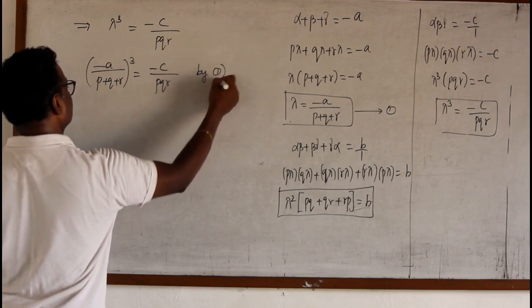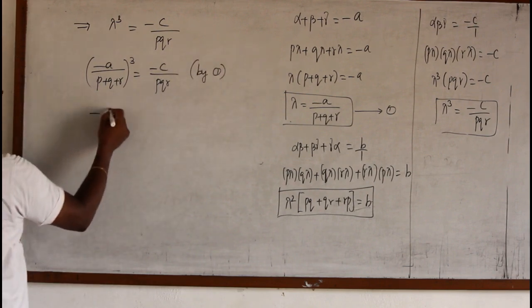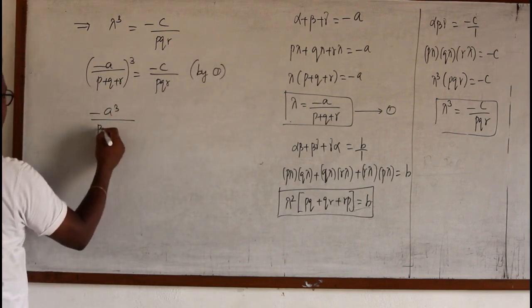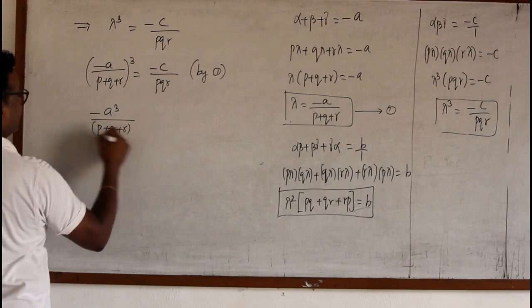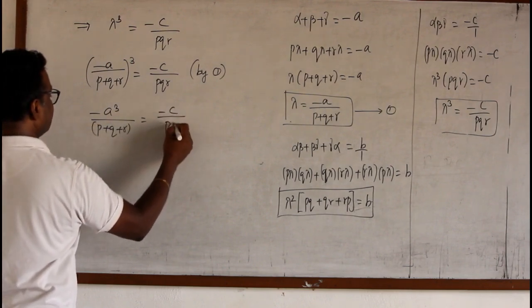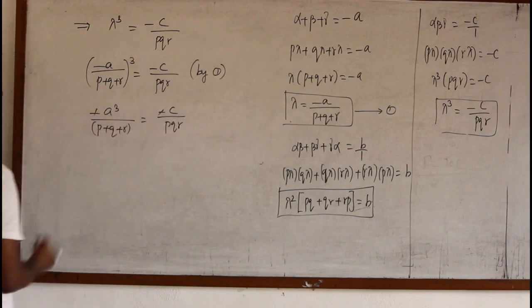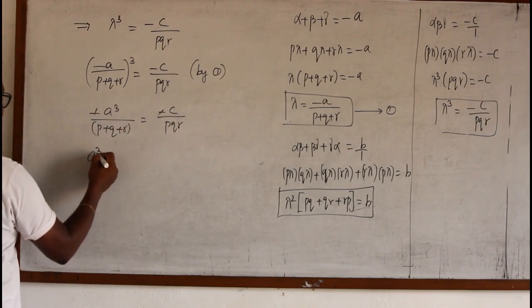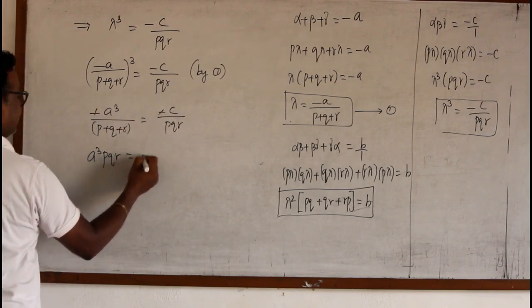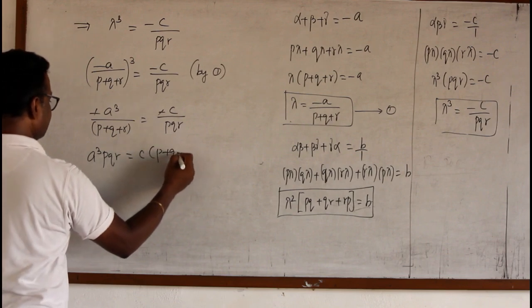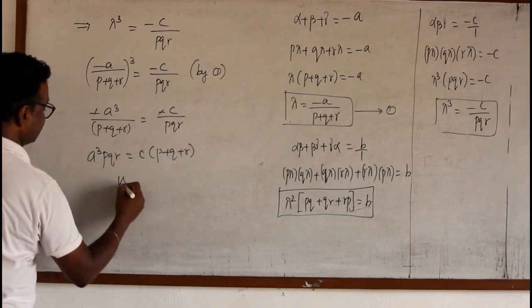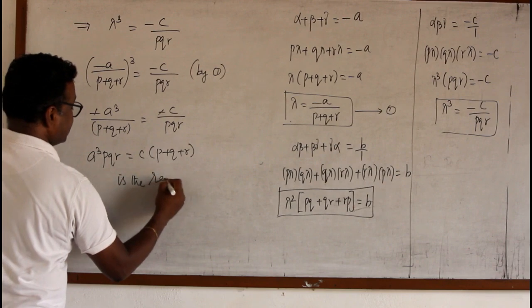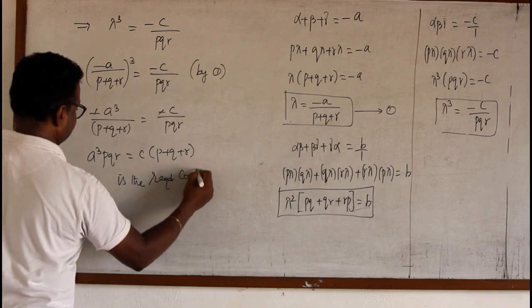This is minus a cube by p plus q plus r whole cube equal to minus c by pqr. Minus minus cancels. It is a cube into pqr equal to c into p plus q plus r whole cube, which is the required condition.